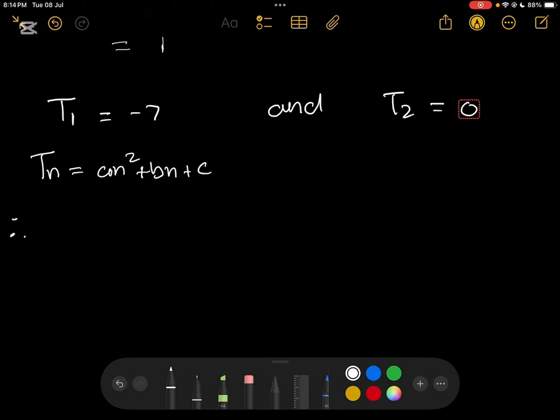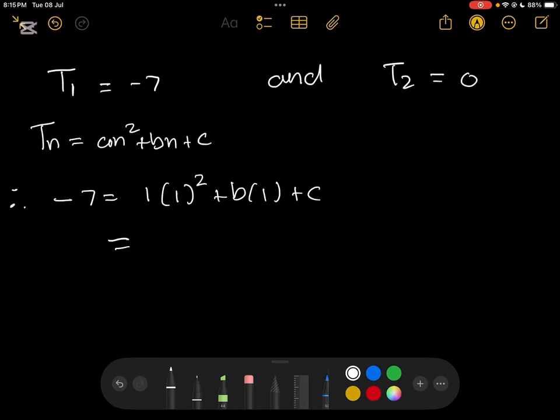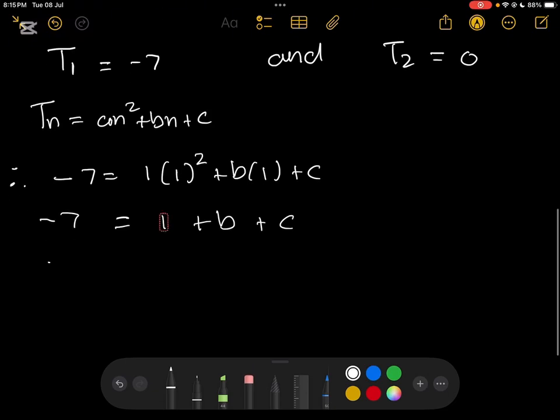If we substitute T1, we'd have -7 is equal to A, which we know is 1, times 1 squared, because it's T1, plus B times 1 plus C. So this is 1 plus B plus C is equal to -7.